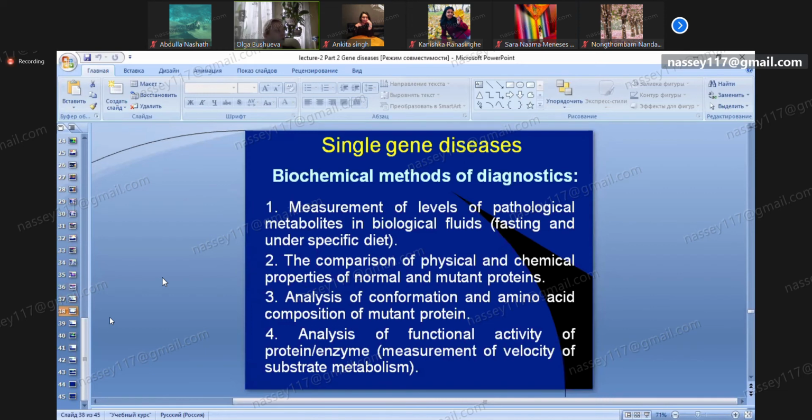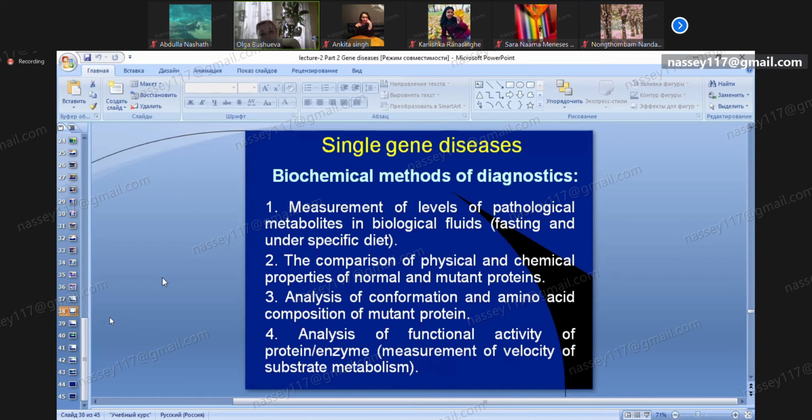Also, for diagnostics of metabolic singleton disorders, we can use methods of biochemical diagnostics. This method allows us to measure the levels of different pathological metabolites in biological fluids, such as fasting and the specific diet.